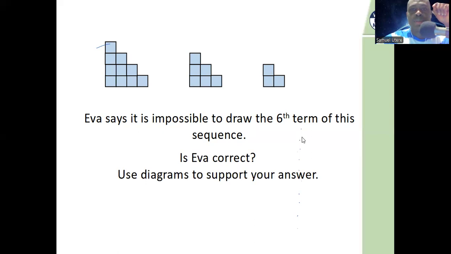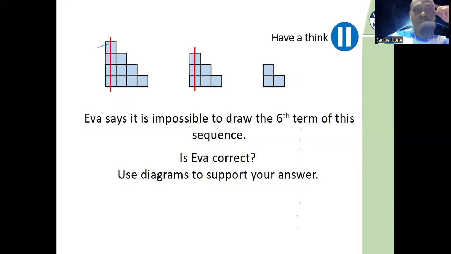All right. So remember what we said. When you do your prediction, you need to use diagrams to check your answer, to support your answer. Okay. So if we do that, you will see that if we get rid of that, that's what is left. We now have the 4th term. Now, if you think about it, Eva said it's impossible to draw the 6th term.